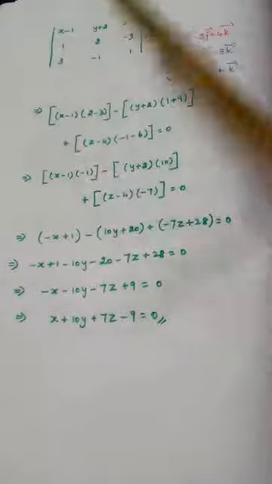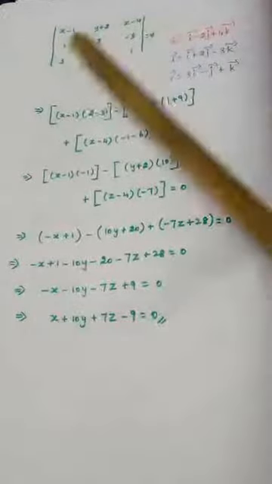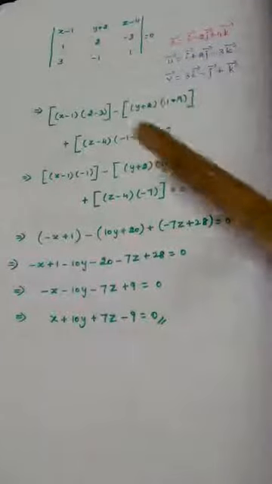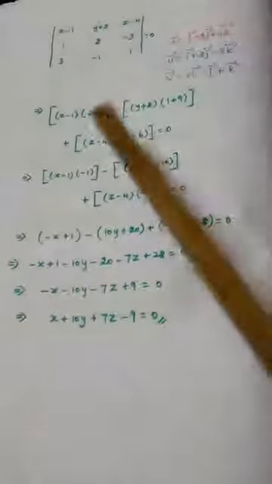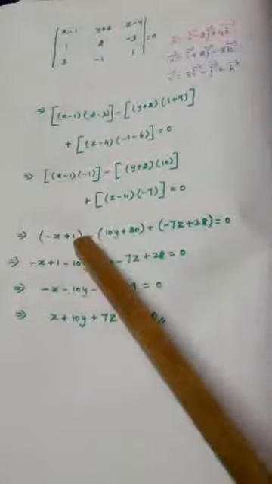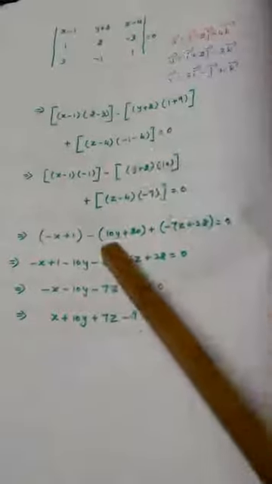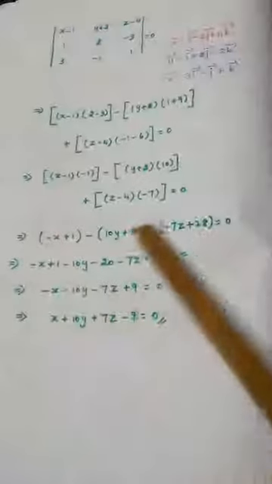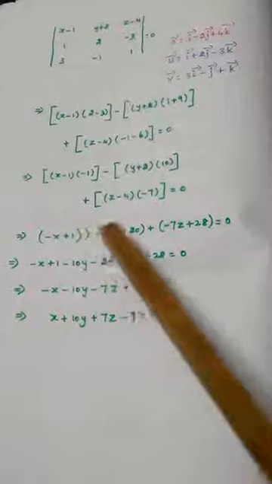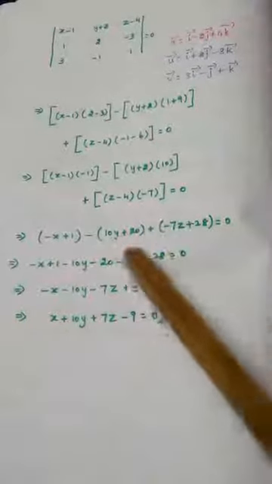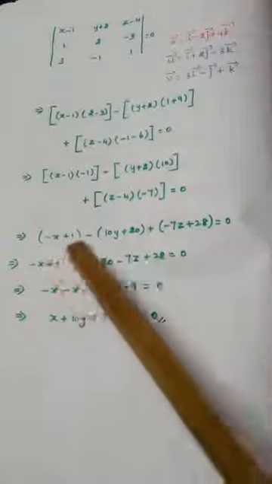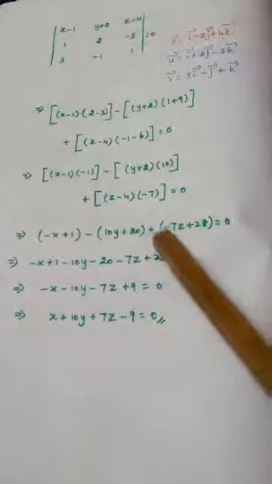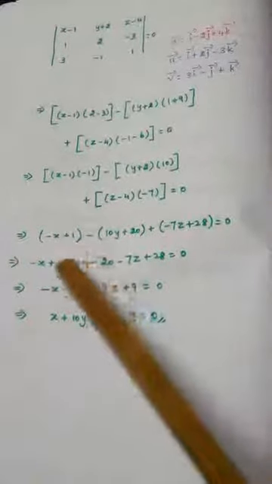For the third term plus symbol, cross multiplying these two, you will get this. 2 minus 3 minus 1, 1 plus 9, 10, minus 1 minus 6 is minus 7, bringing minus sign inside, minus x plus 1, 10 inside, 10y plus 20, minus 7 inside, minus 7z plus 28, removing the brackets so that minus goes inside, plus into minus minus, plus into plus plus, arranging the terms, x first, y next, z next, combining the numbers 28 minus 20, 8, 8 plus 1, 9.